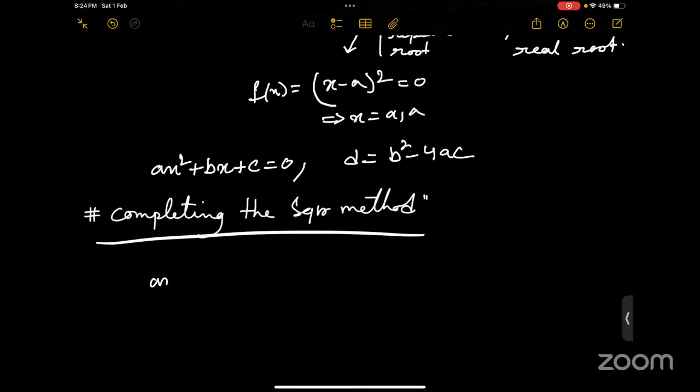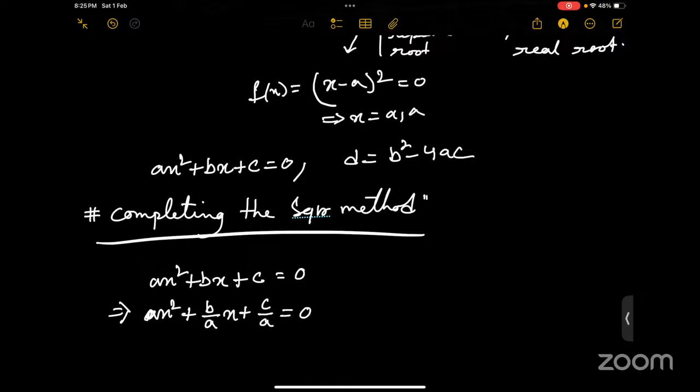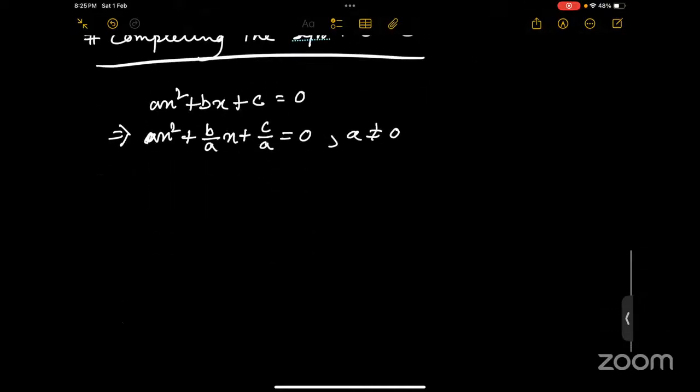So if we have ax squared plus bx plus c, we can adjust the equation in such a way that we can get a square. We can take a as common. So we will get x squared plus b by a x plus c by a equals 0, where, for the quadratic equation, a is not equal to 0. So we can do that.